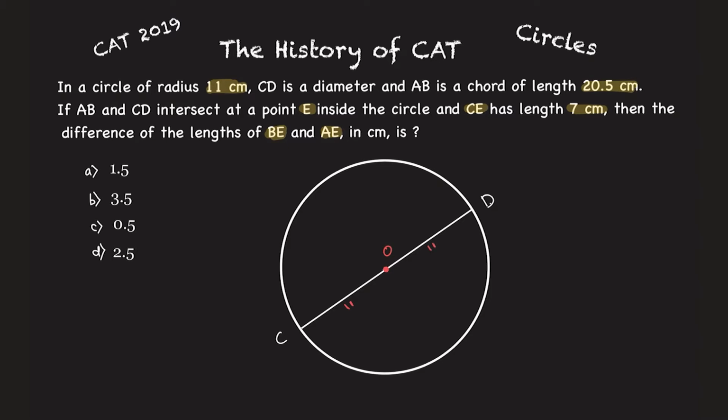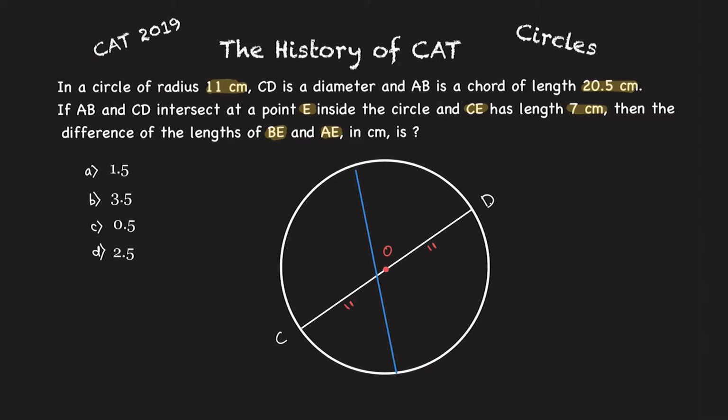AB is a chord of length 20.5. The diameter is 22 and AB is a chord of length 20.5, so how will this chord look? It will be as close to the length of the diameter as possible, so it will pass close to O, something like this.